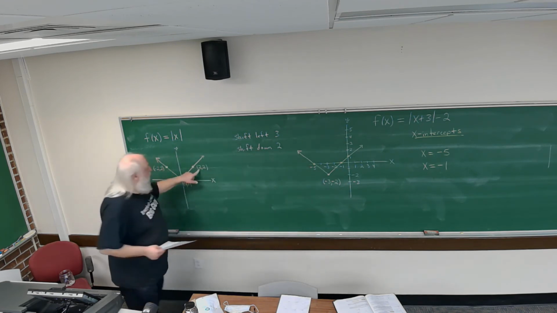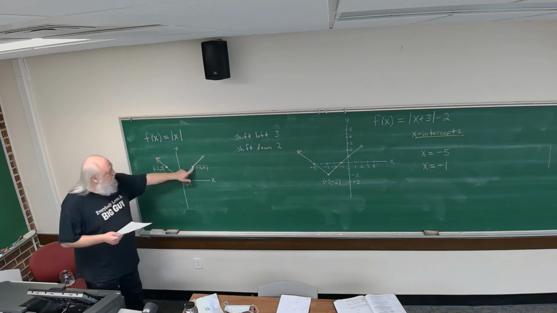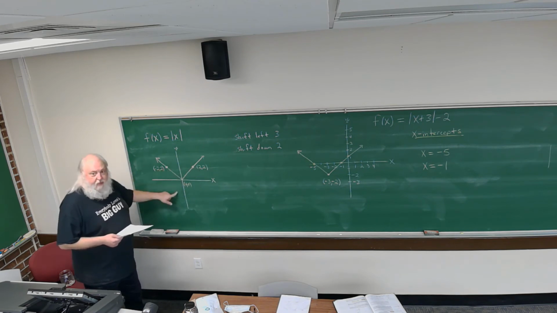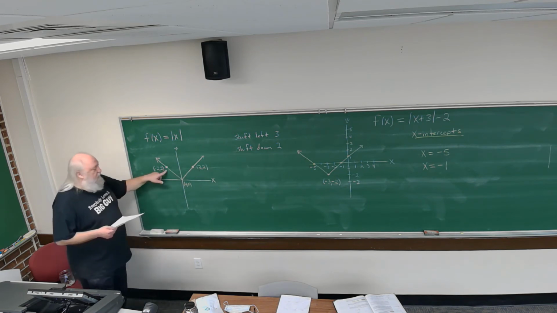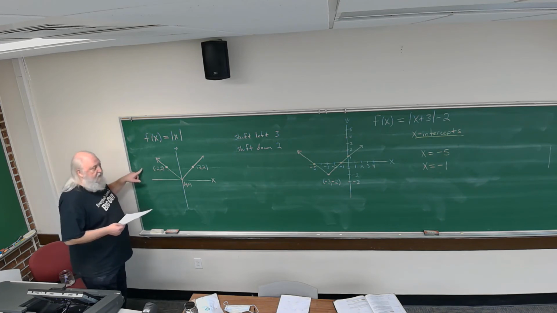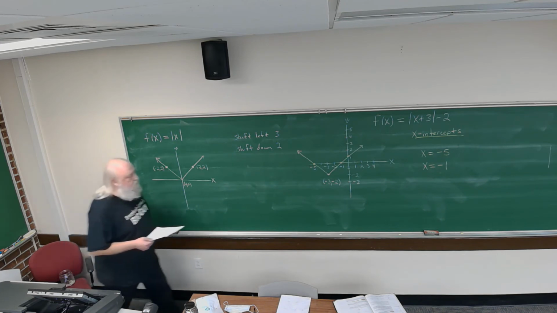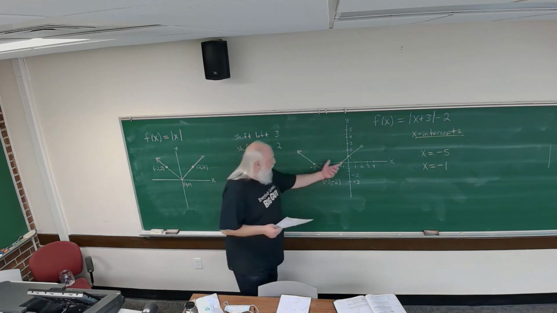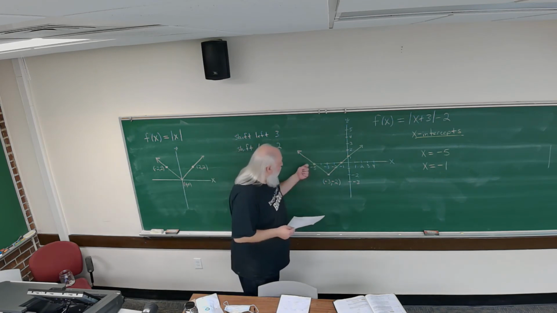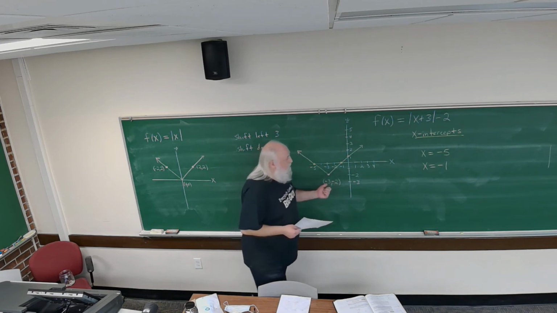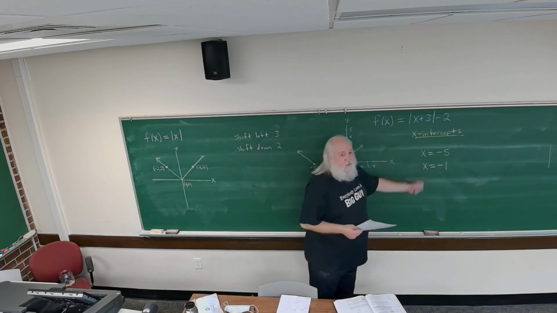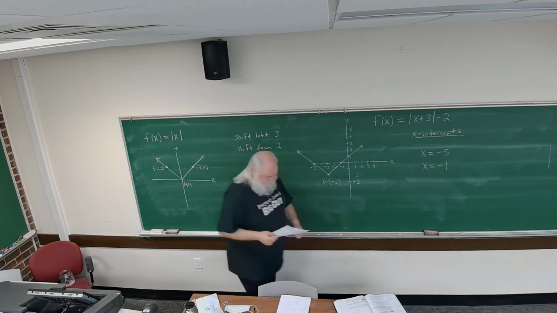So this point here, 2, 2, gets moved to the left 3 units and down 2. And this point minus 2, 2 gets moved to the left 3 units and down 2. And so when we graph this function, we see that it crosses the x-axis at minus 5 and minus 1, and those are the x-intercepts for this graph.